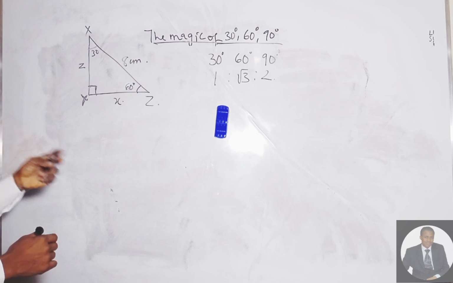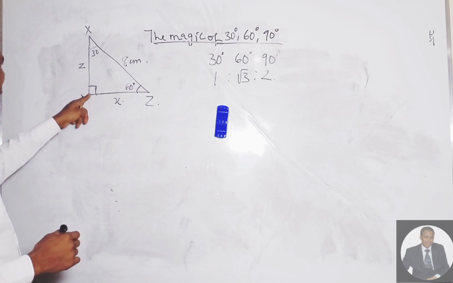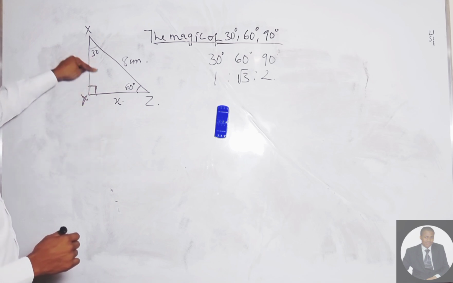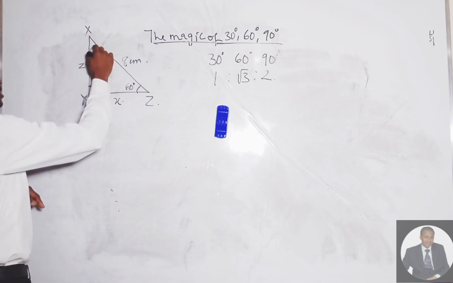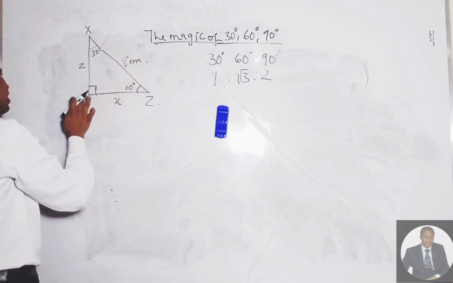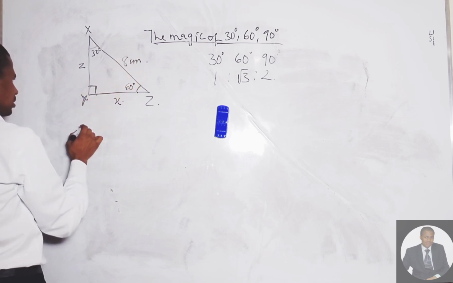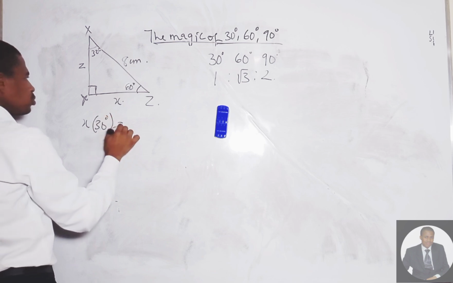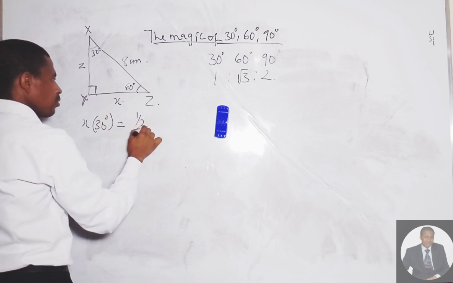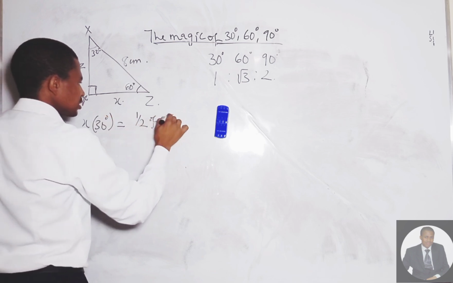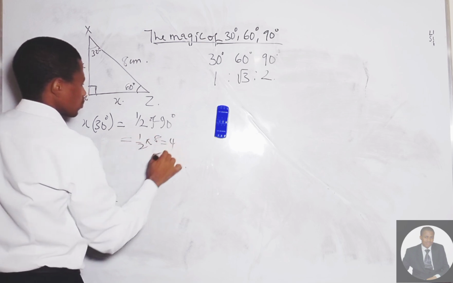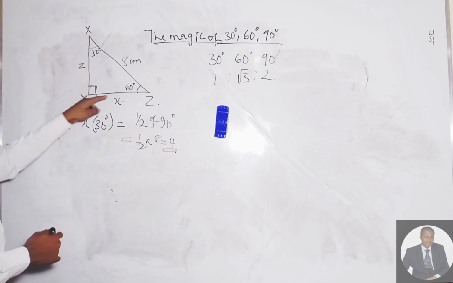So the side facing the right angle, the angle 90, is 8. So the side facing 30 degrees is half of whatever is facing 90 degrees. So X, which is at 30 degrees, will be half of the side facing 90 degrees. That's half of 8, that's 4. So X will give us 4.